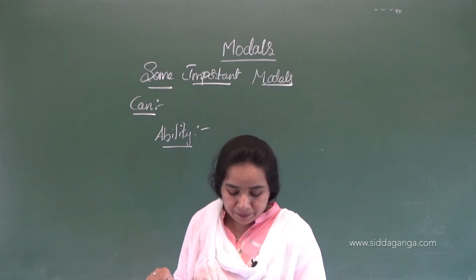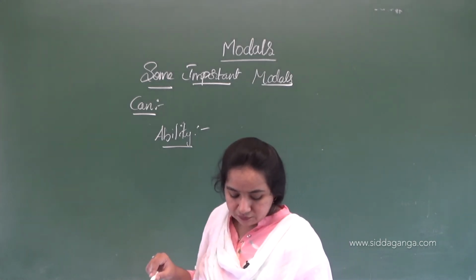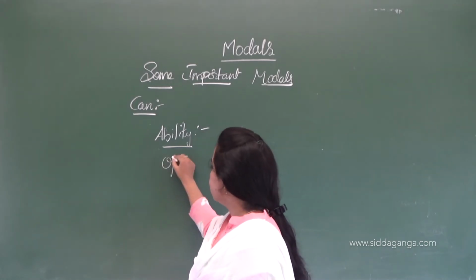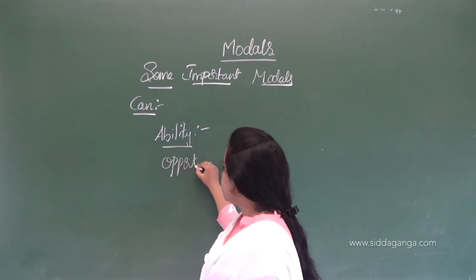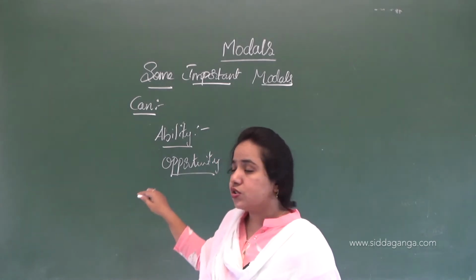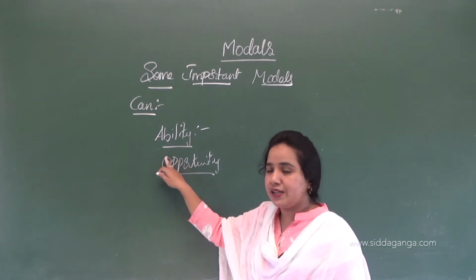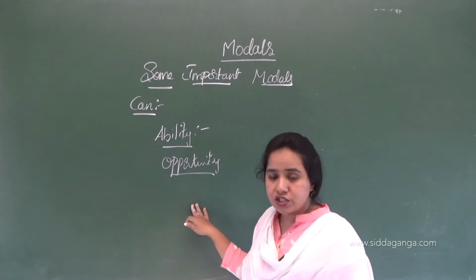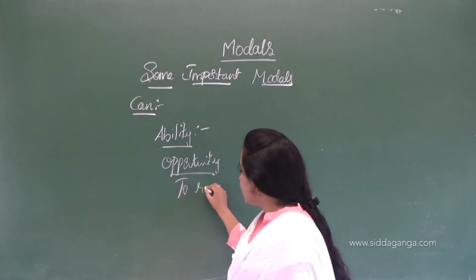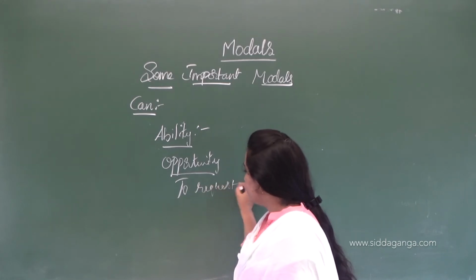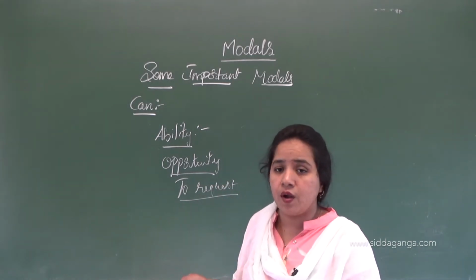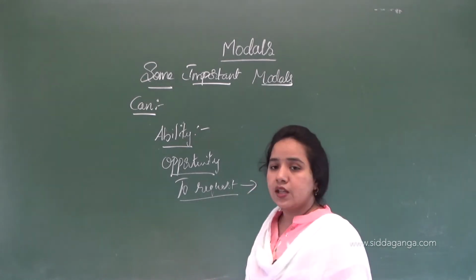Next, it expresses ability, then it expresses opportunity. So can is used in these cases. And then it expresses a request. When you use can in a request form, the modal should come first in the sentence.